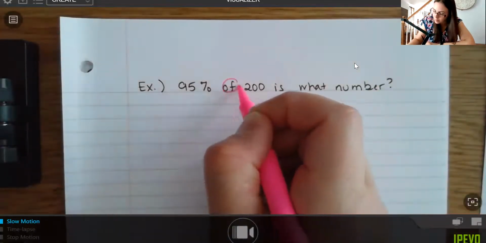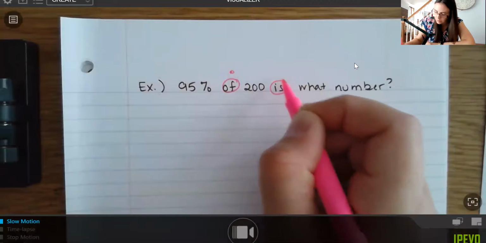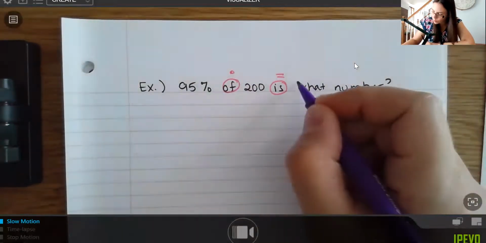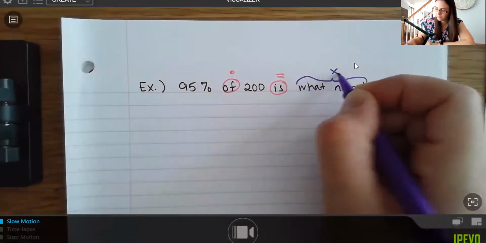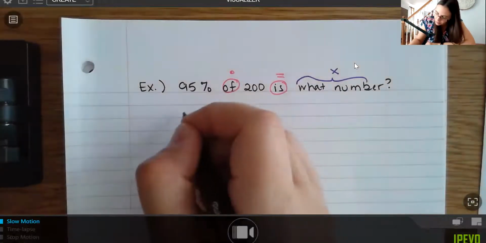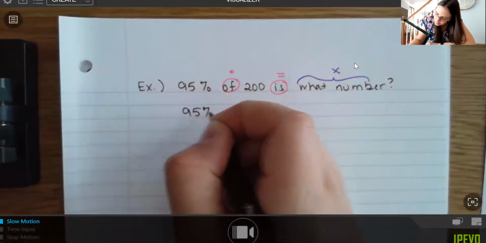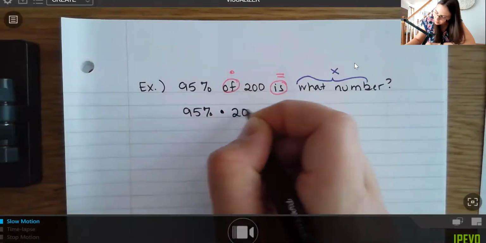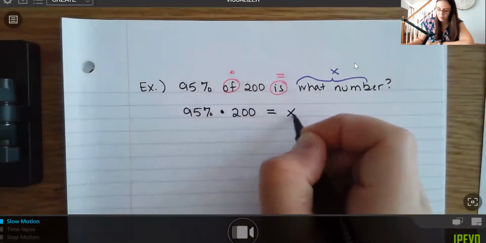So of means multiplication, is means equal. Here's my question, what, right? What number? That's my x. So I have 95% times 200 is what number?